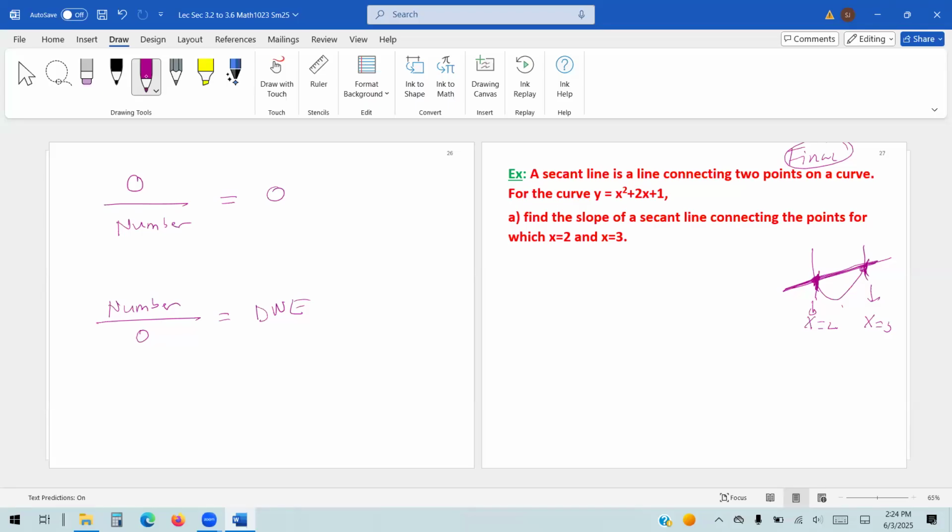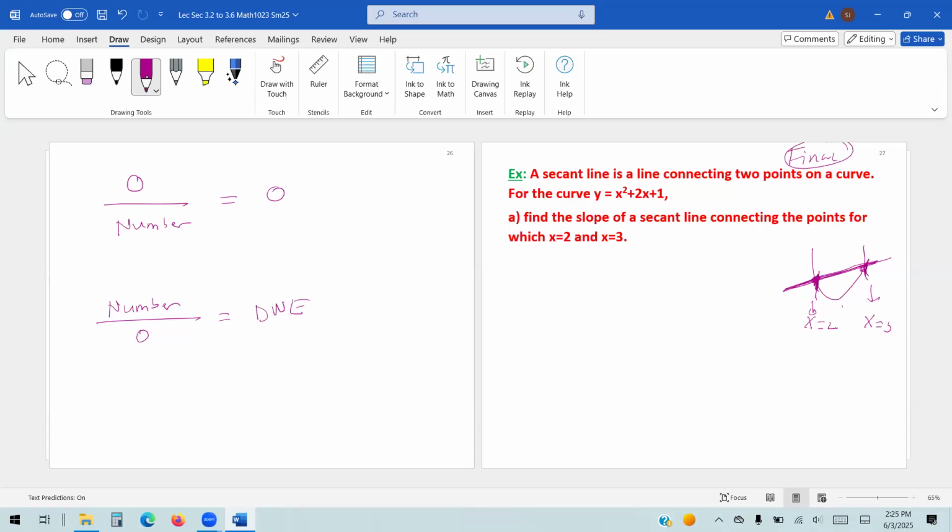Is the scenario clear? They give you a curve, they give you 2 points, and they're asking you to find the slope of the line that goes through the 2 points. You're half correct.